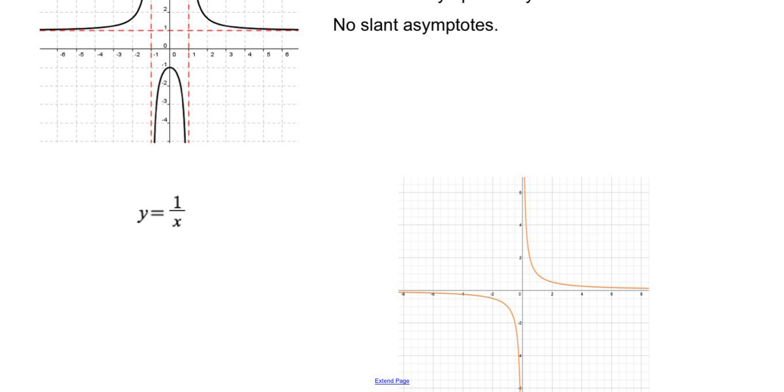The vertical asymptote is at x equals 0, right there. The horizontal asymptote is at y equals 0. So notice that, just like in the example above, the graph gets closer and closer and closer, but never actually reaches the x-axis or the y-axis. That's what an asymptote is.